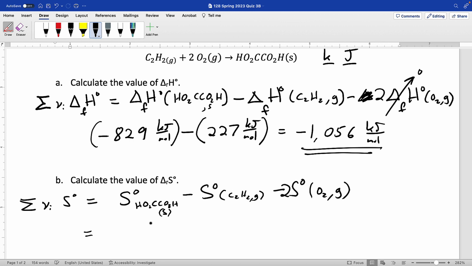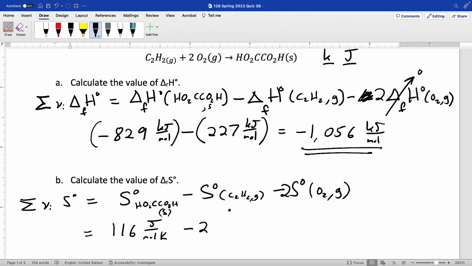All these values were on the equation sheet. Oxalic acid solid is 116 joules per mole per Kelvin. It's a pretty low number because it's a solid. For the acetylene, oh yeah, I said ethylene, it's acetylene, C2H2.